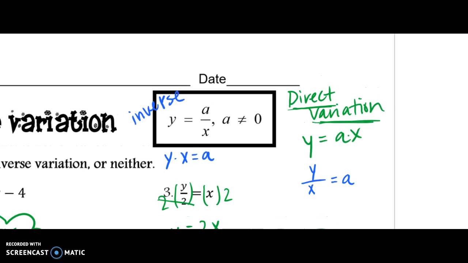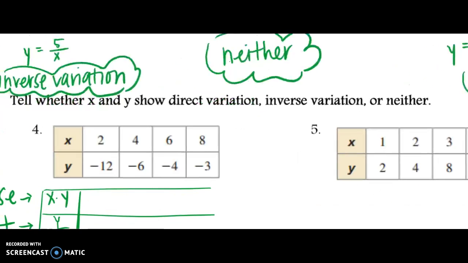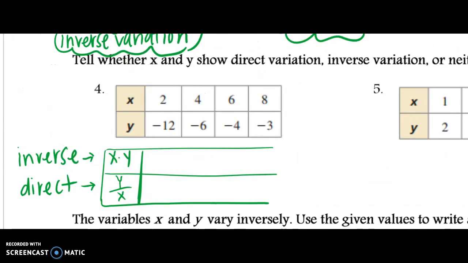And by using this, it's going to help us figure out whether we have direct or inverse for number 4 and 5. So go ahead and make a chart like this. If you get all of the same values on the top row, it's going to be inverse variation. If you get all of the same numbers on the bottom row, it's going to be direct variation.